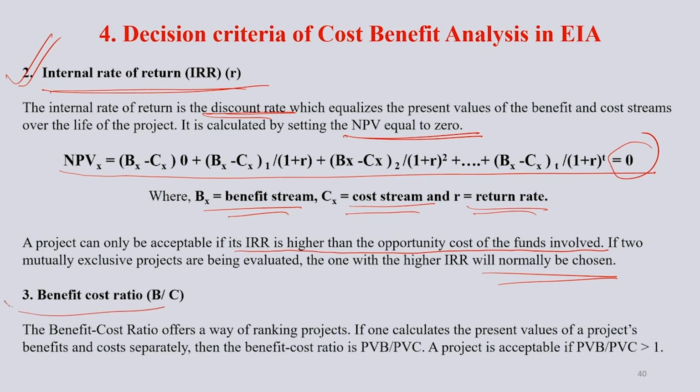Next, benefit cost ratio. Benefit cost ratio offers a way of ranking your projects. If one calculates the present values of a project's benefits and costs separately, then the benefit cost ratio is PVB divided by PVC.